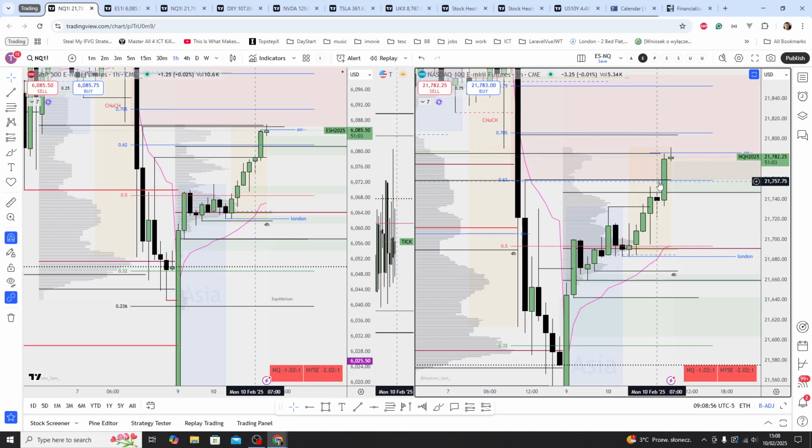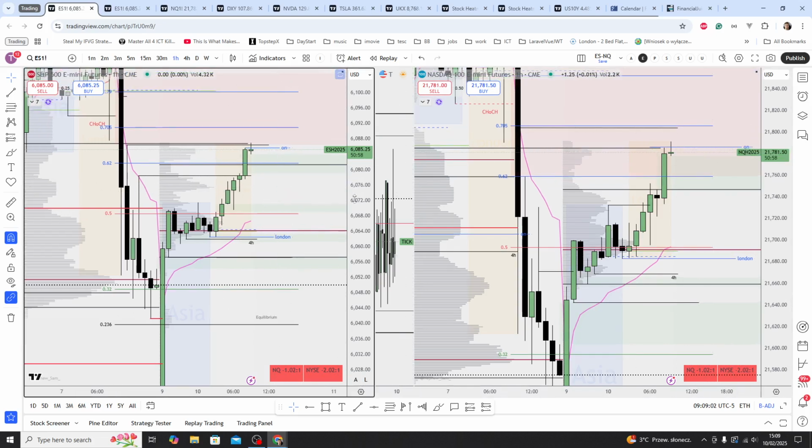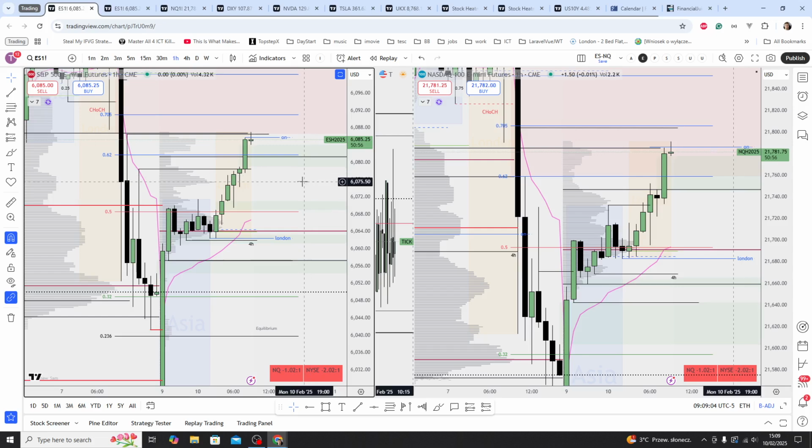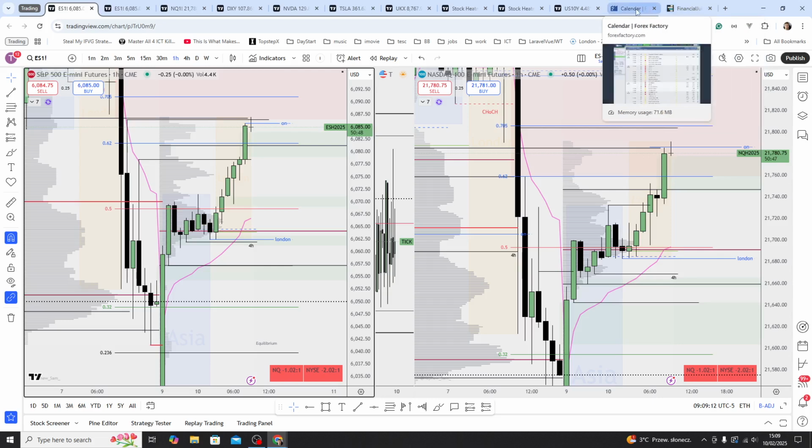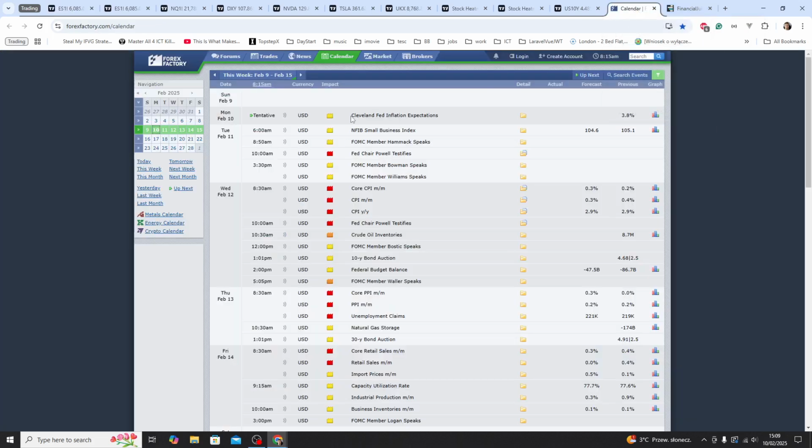Let's see if we can get that. It's an inventory correction trade. Obviously there's always a danger that we might just push. We don't have any news today.